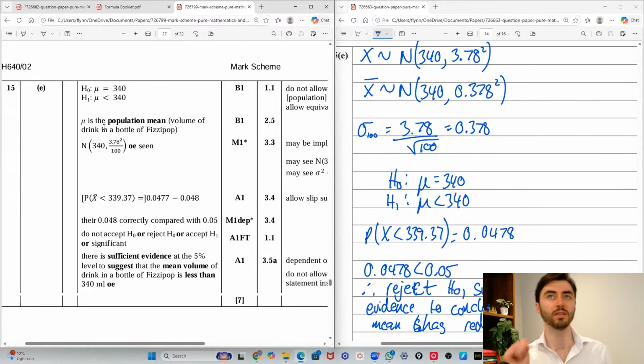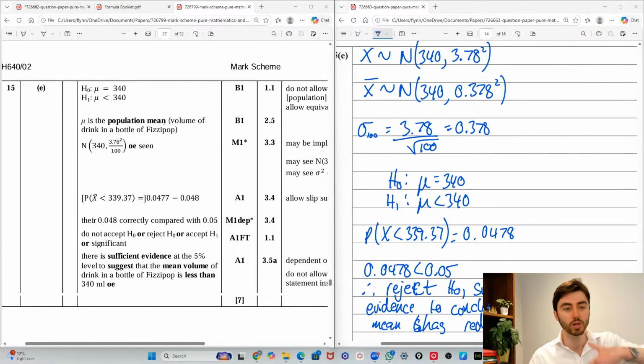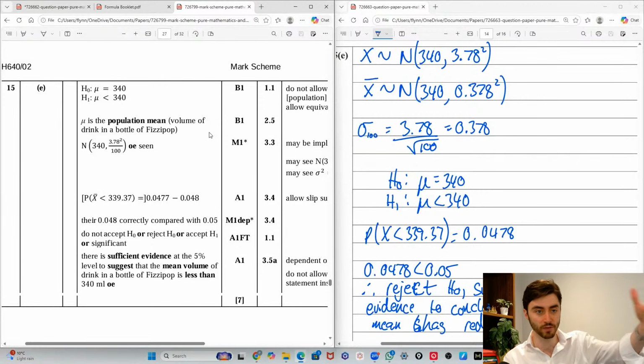I didn't define what I'm testing for. So in the binomial hypothesis test, I have to define the probability. In the normal hypothesis test, I have to define the mean. That is good to know. This is the kind of feedback you pick up in your post-game analysis by going through the mark schemes. You learn what changes you need to make for next time.